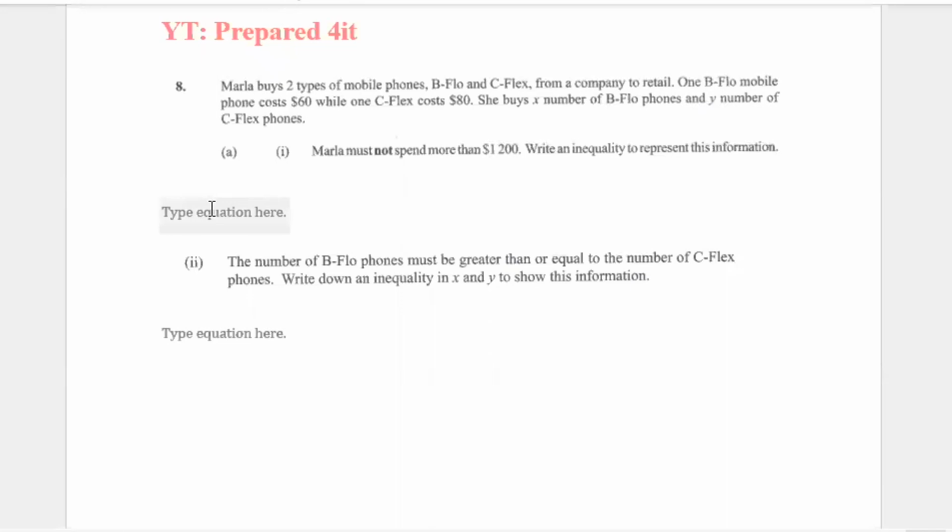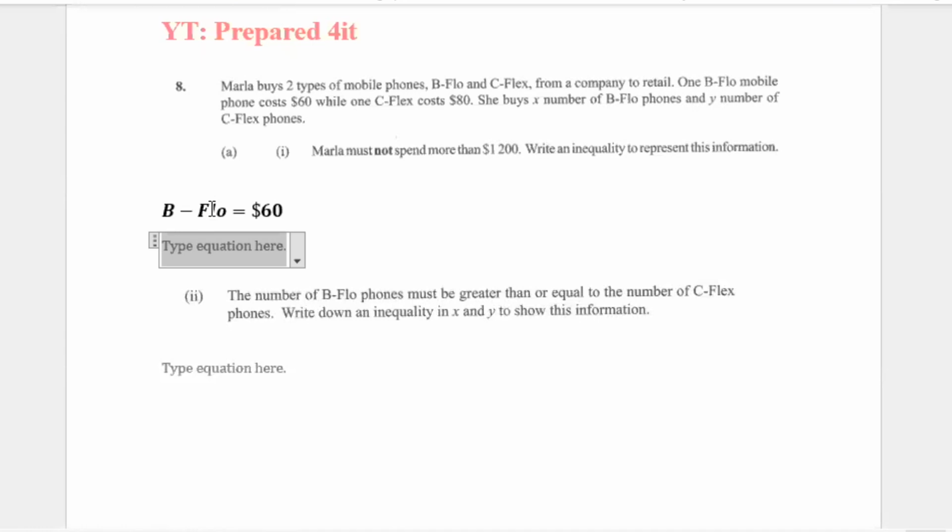So, just writing out information, B Flow is $60 and C Flex is $80.